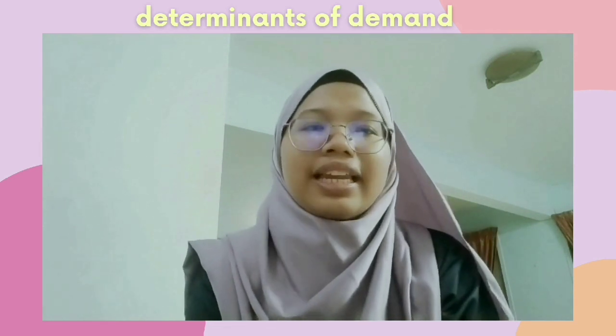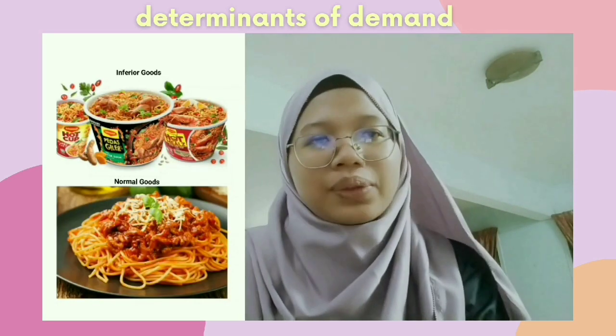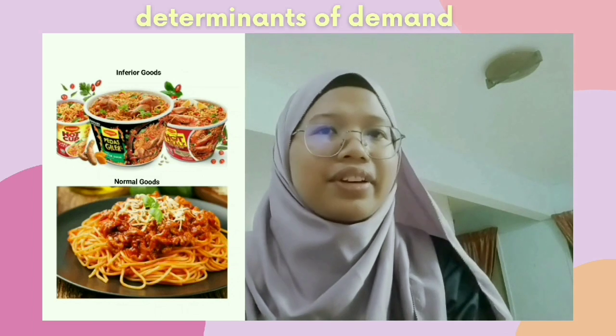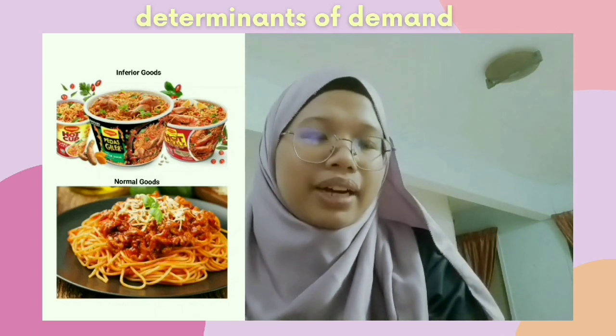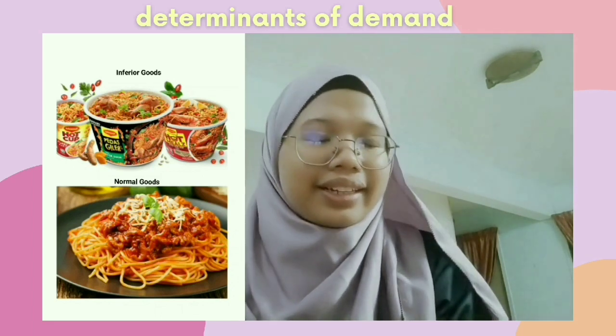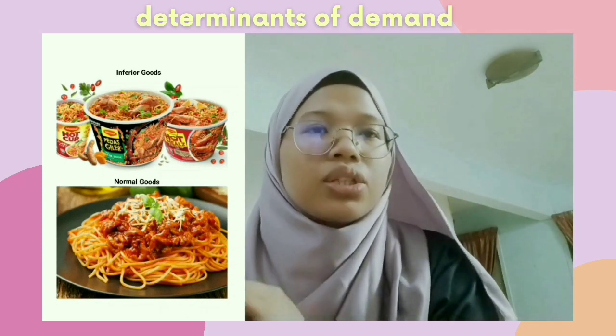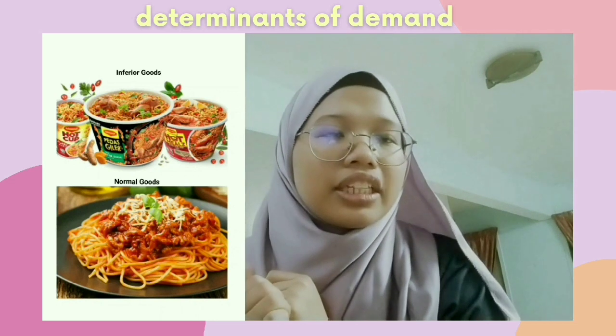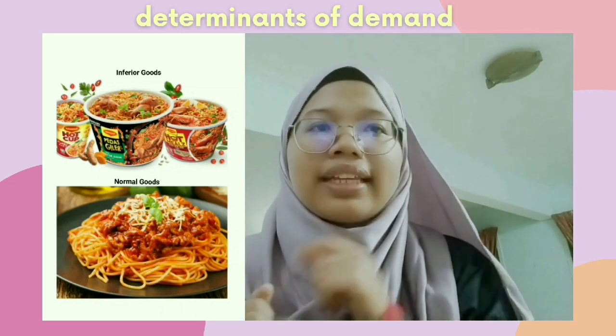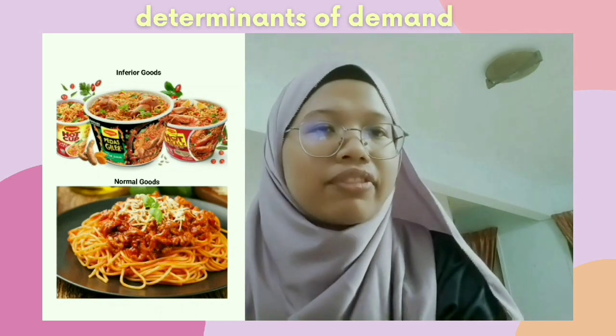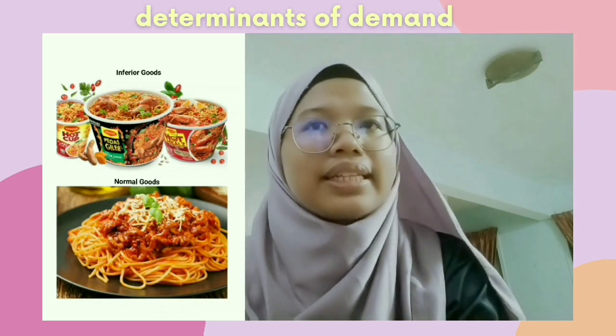For example, let spaghetti be a normal good and Maggi the inferior good. If the price of Maggi increases, the quantity demanded for Maggi will drop. So the quantity demanded for spaghetti will increase.